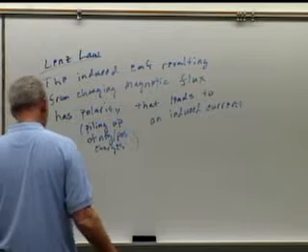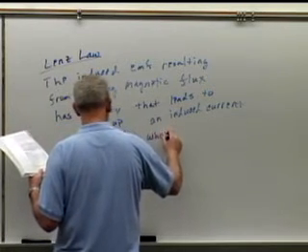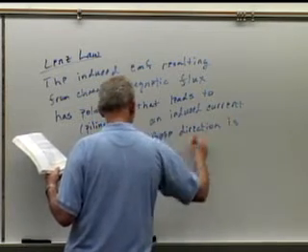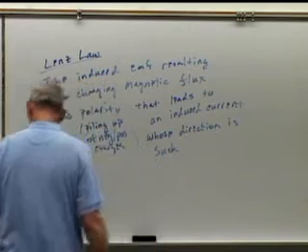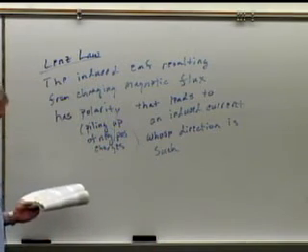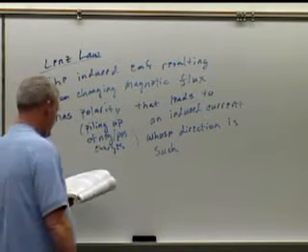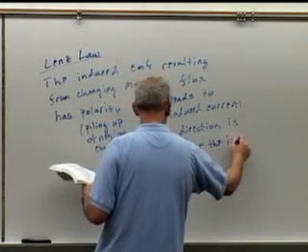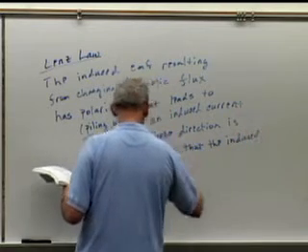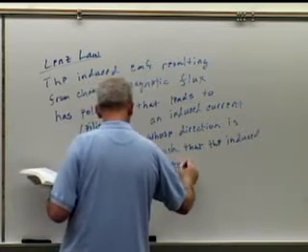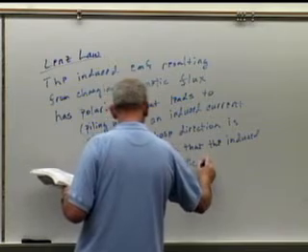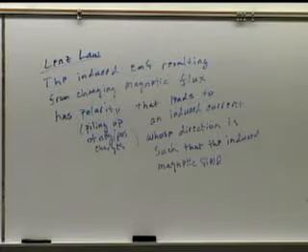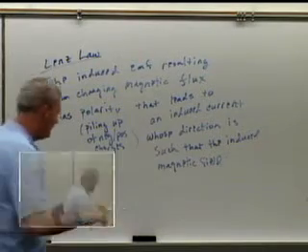to an induced current whose direction is such, are you ready for this part? Whose direction is such that the induced magnetic field, so in other words, this current is making a magnetic field, opposes the original flux change.